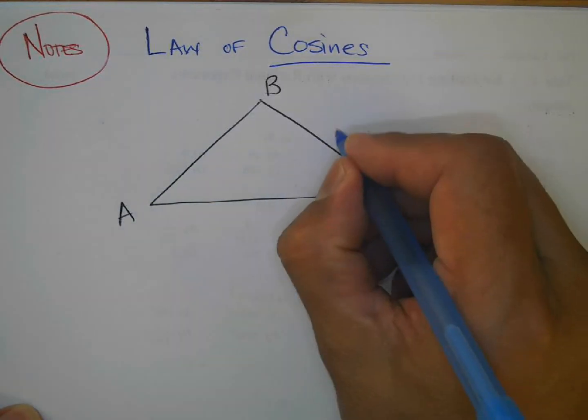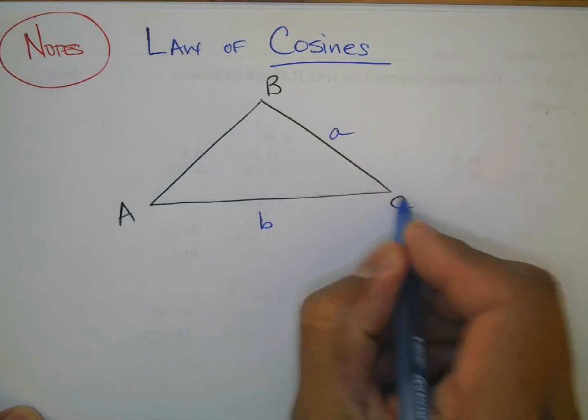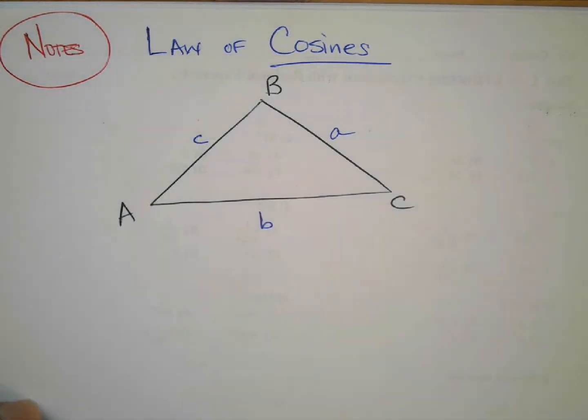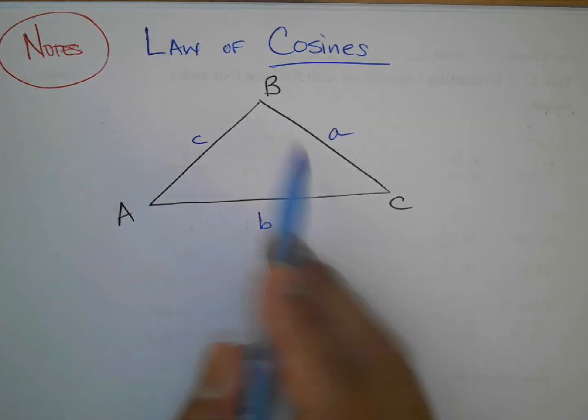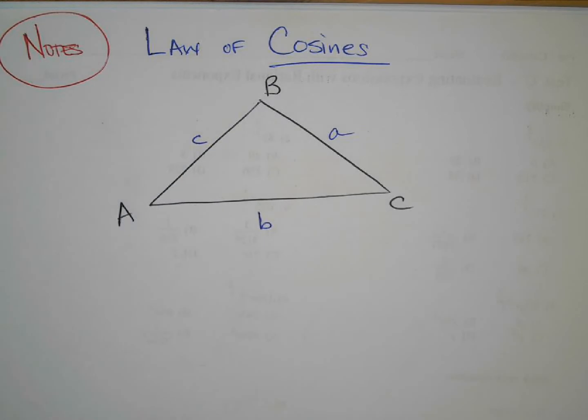Here's angle A, so this is little side A. Angle B, little side B. Angle C, little side C. Okay, so again, you're going to use the law of cosines to find missing parts, angles or sides, for triangles that are not necessarily right triangles.